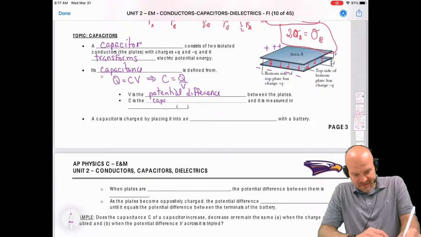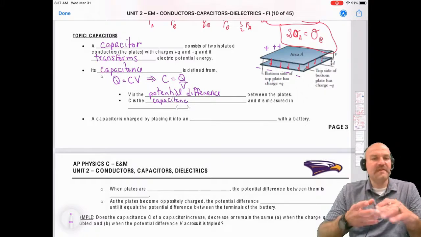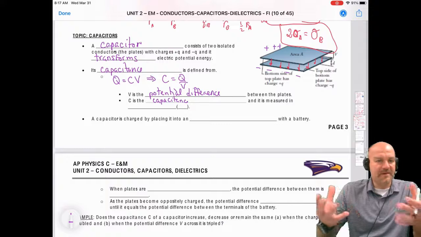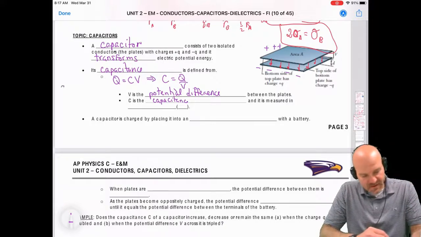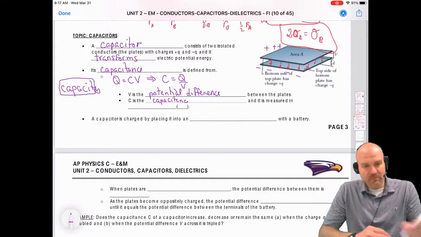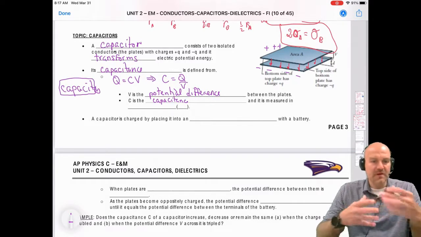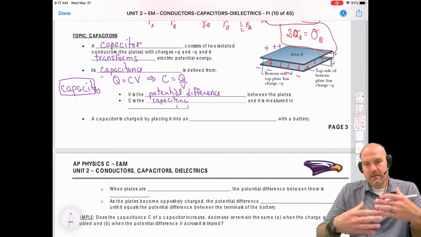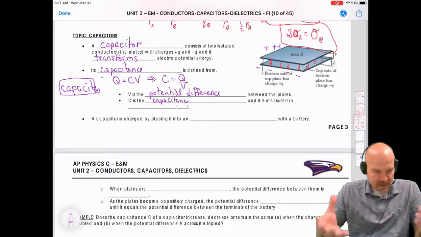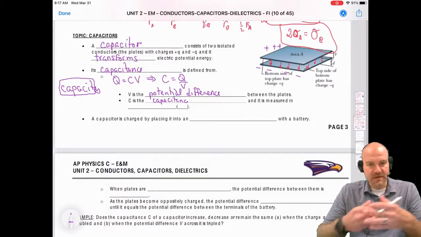C is the capacitance. The way you think about capacitance is like the capacity of a bucket, because you see here's the word capacity, that root word capacit. It's like how much can this device hold.